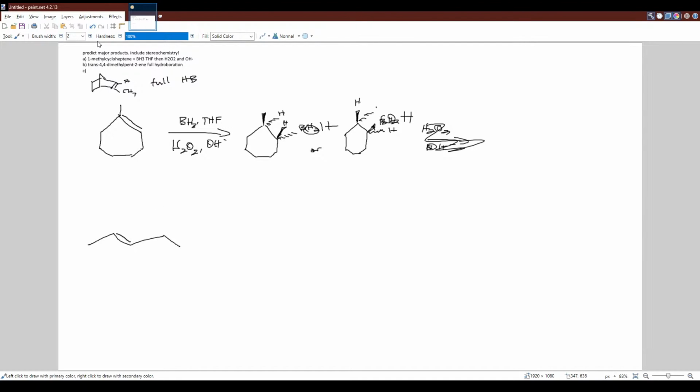Dimethyl pentene. Like that? 1, 2, 3, 4 dimethyl pentene. Okay, yeah. Yes, this is trans. And then stereochemistry. I'll just do it all in one step again.